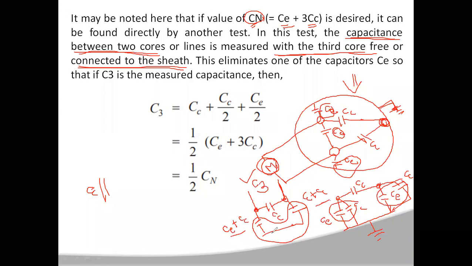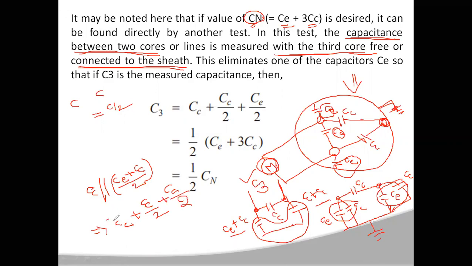When the same capacitors are connected in series, suppose C and C, the equivalent value will be C by 2. So CC will be in parallel with CE plus CC by 2. The equivalent value for the parallel combination will be the sum, CC plus CE by 2 plus CC by 2. This is the value of C3 here.